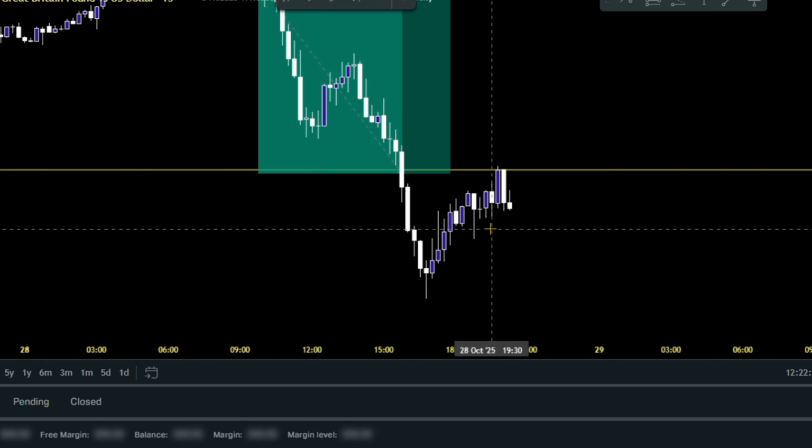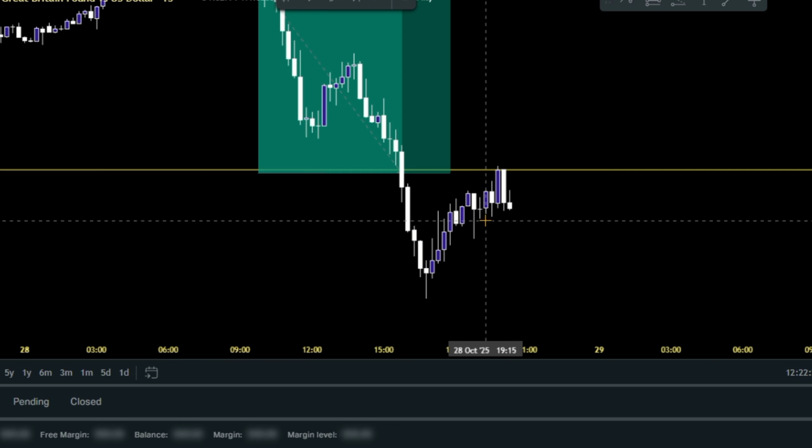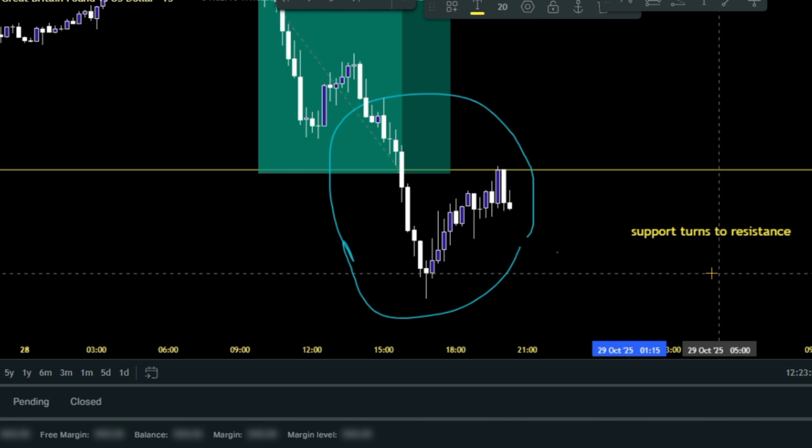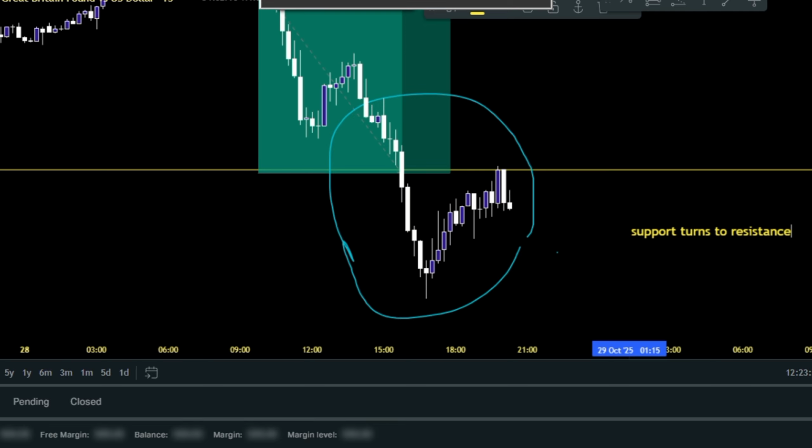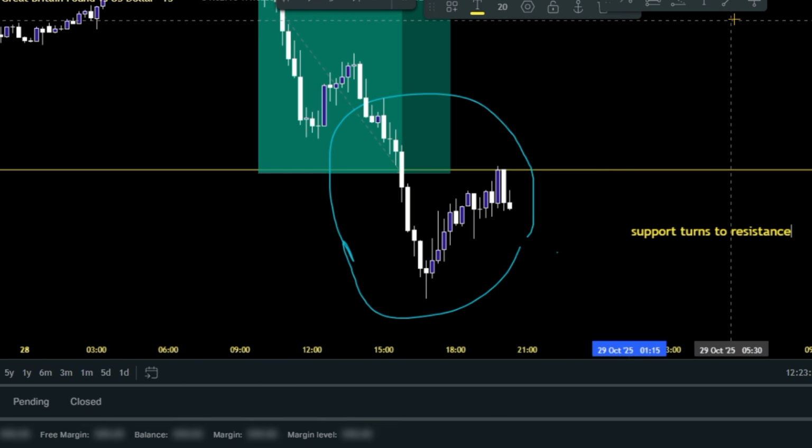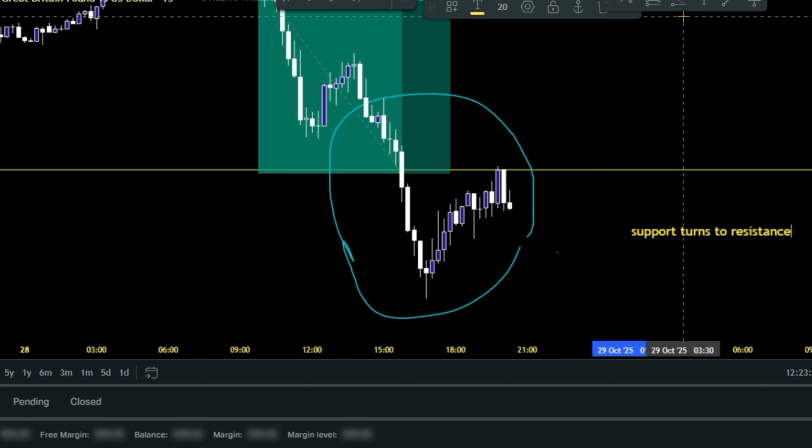Now this is where we say support becomes resistance because of what the price has done right here. Support turns to resistance. So if you are another aggressive trader, you can also enter a sell position right here.